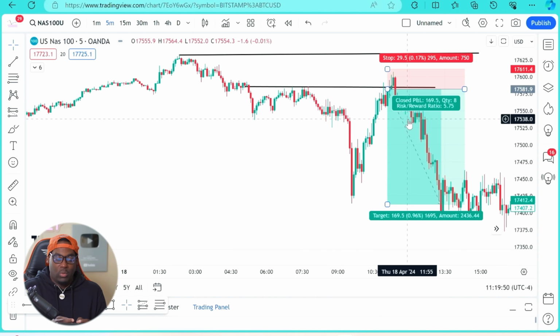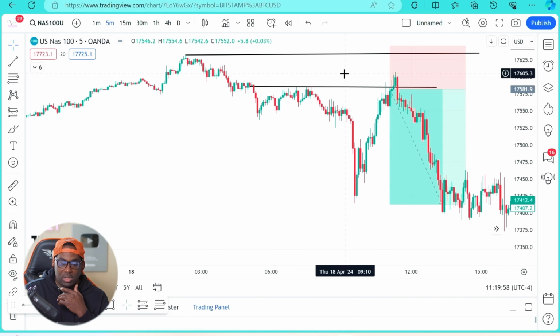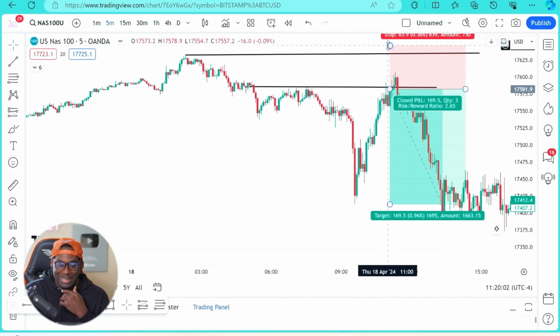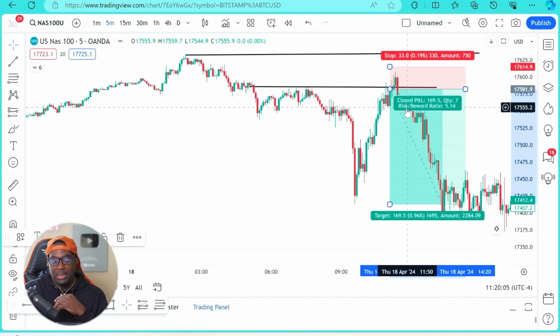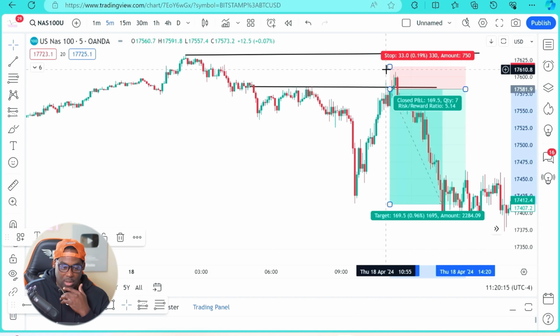So there's multiple ways to play this type of style, and that's how I would do it if I was playing a style where initially my stop loss would probably be high, and then once I start to see the market going my way, maybe I tighten up my stop loss, add some more to the play, and let the trade work, right? So that's definitely one way you could approach this type of style of trading.